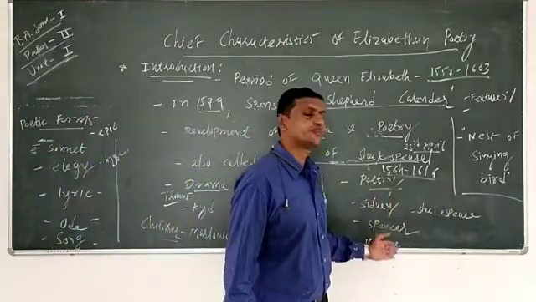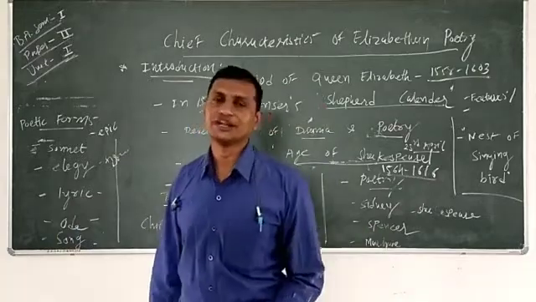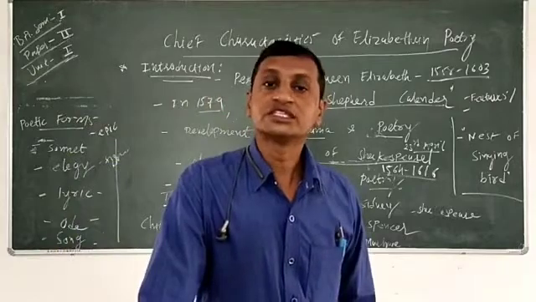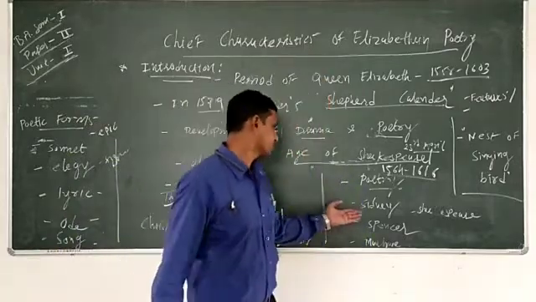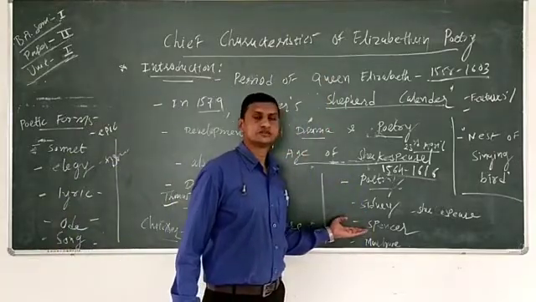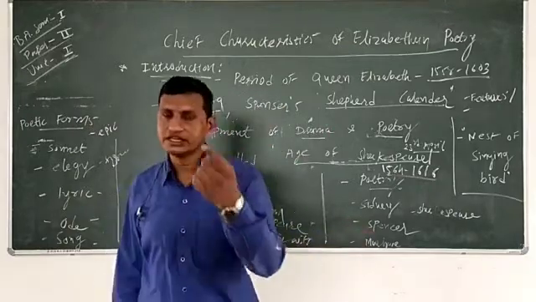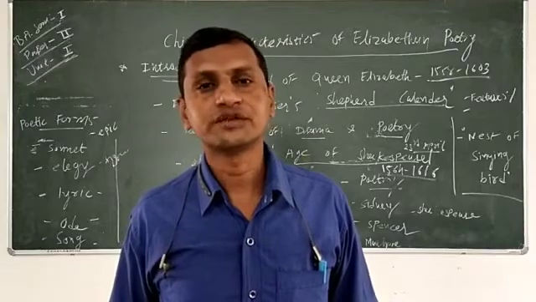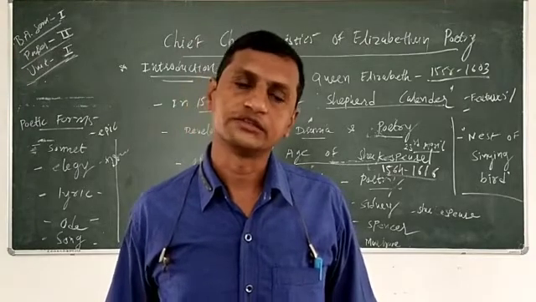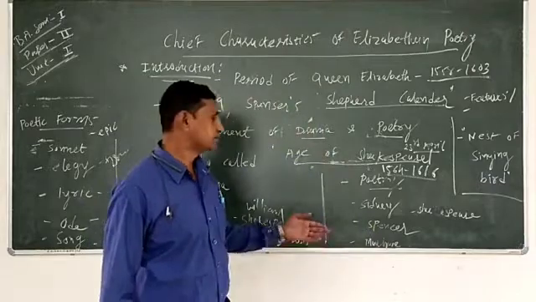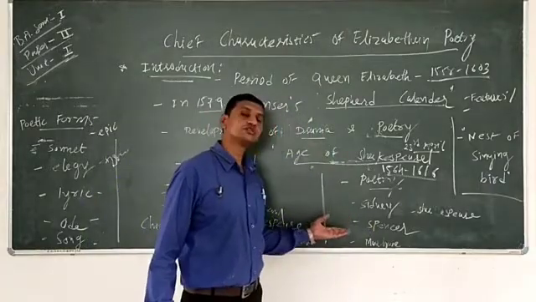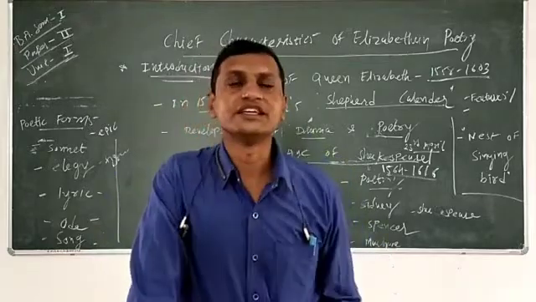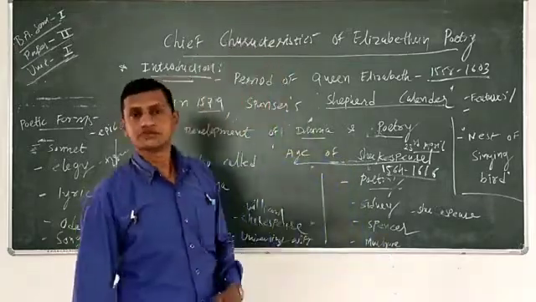Sidney, Shakespeare and Spenser. The 3S are known as the contributors to the development of the sonnet, you know about that. Sir Philip Sidney, Edmund Spenser. We discussed Sir Philip Sidney in Unit 4, also as a short note, and we discussed him in detail.